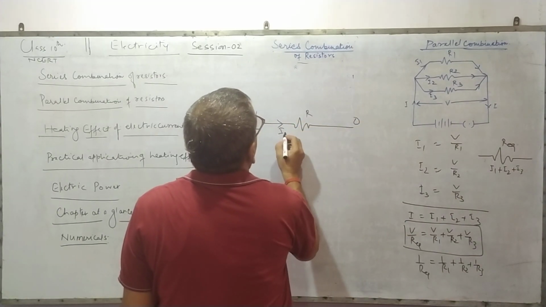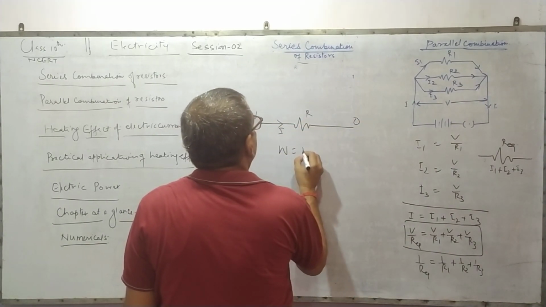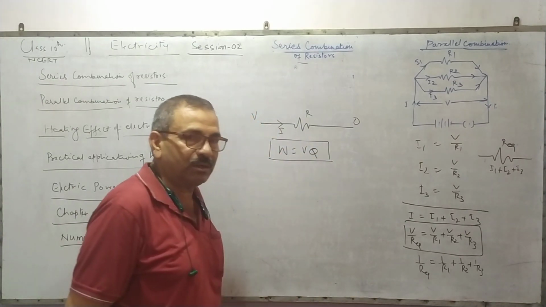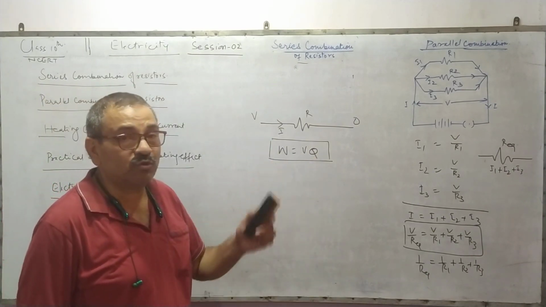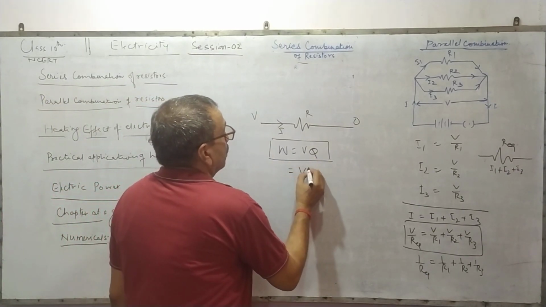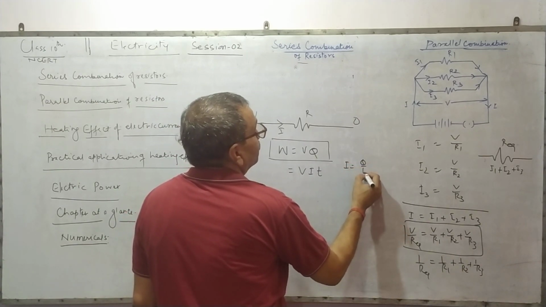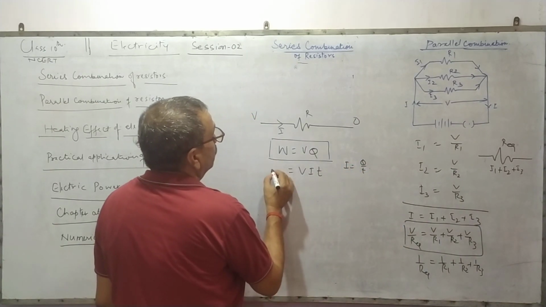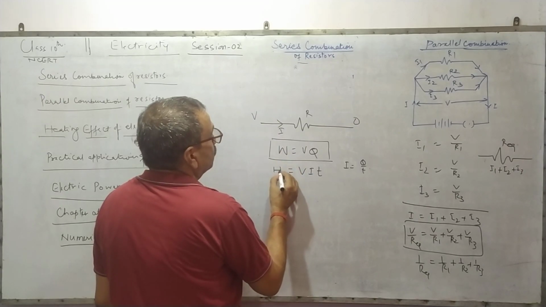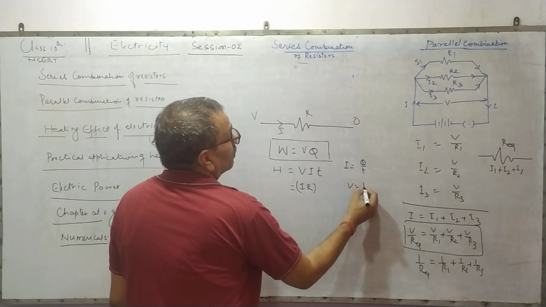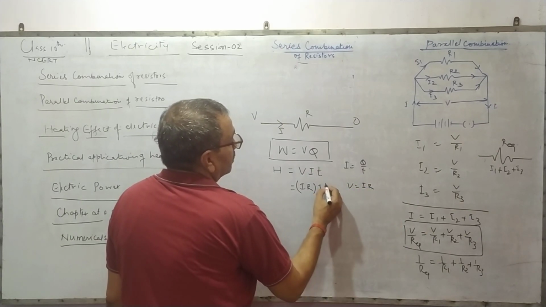Current is I. So work done W, very basic expression, is V into Q. How much work is done by potential difference? W equals V into Q. If we put Q equals I into T, because I equals rate of flow of charge, then W equals V into I into T. This work done is produced as heat. Put V equals IR from Ohm's law, you get I square R into T.